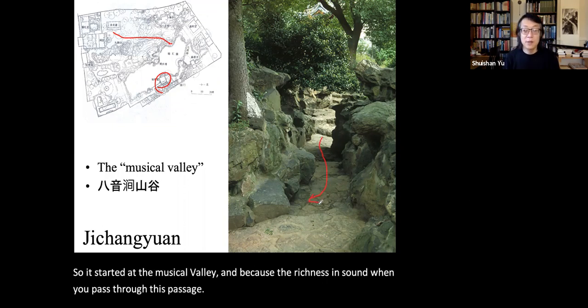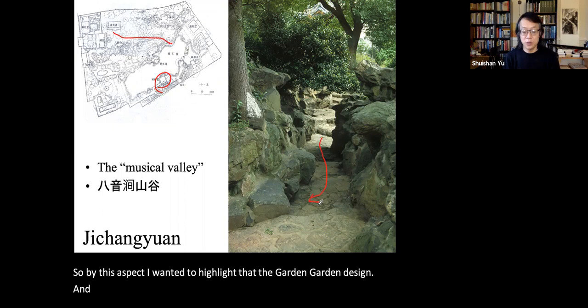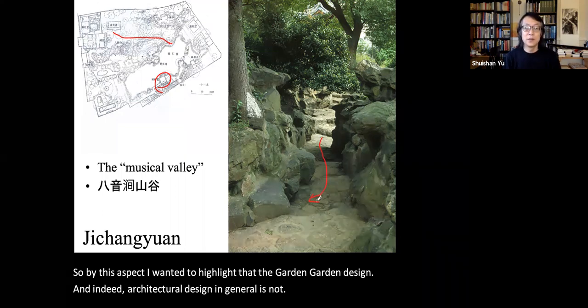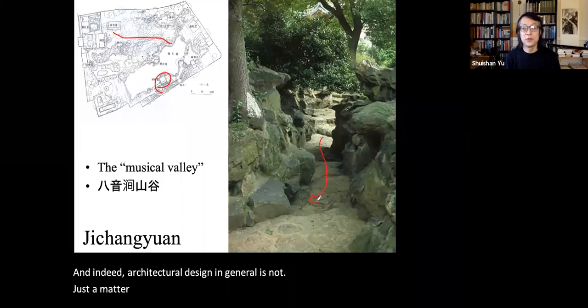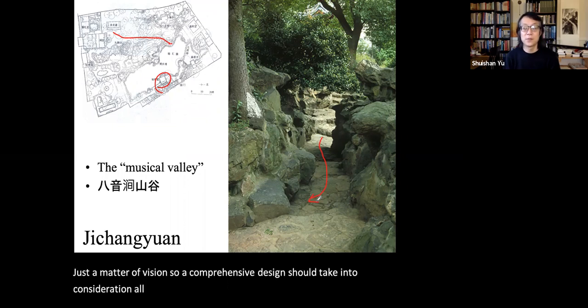So by this aspect, I wanted to highlight that the garden design, and indeed architectural design in general, is not just a matter of vision. So a comprehensive design should take into consideration all different senses.